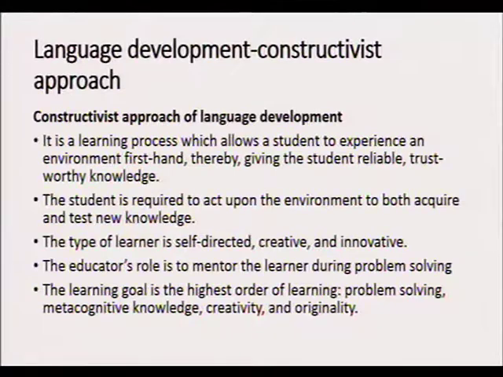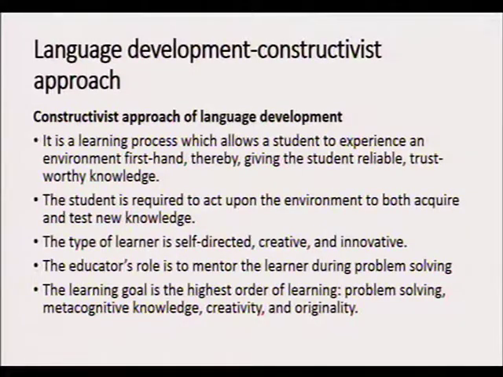This, in the long run, triggers curiosity. The type of learner in this approach is self-directed, creative, and innovative. They actually take control of their own learning. For as long as a suitable environment is provided, they can learn on their own.